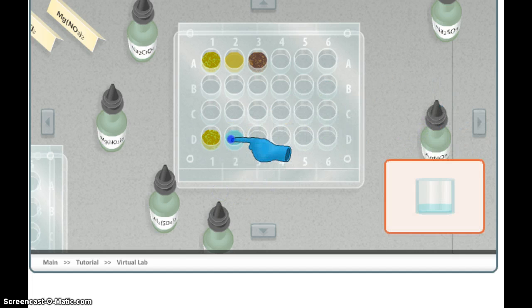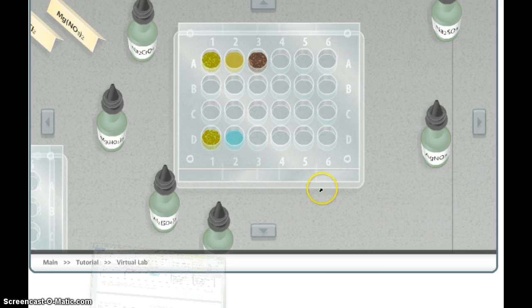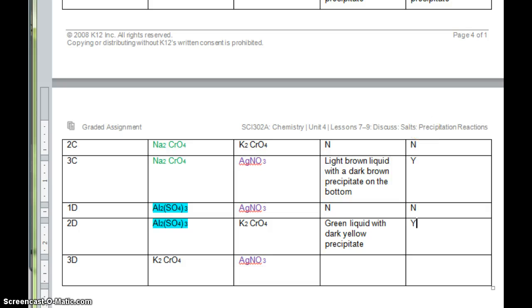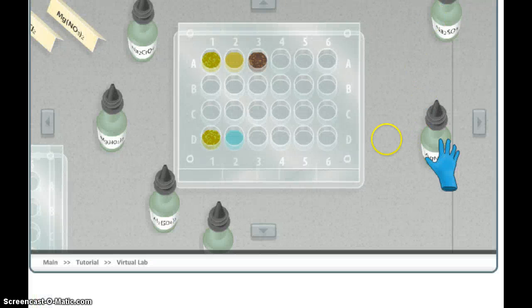And does that one react? Nope. All right, so we have one more left to do, and that's our potassium chromate with the silver nitrate.